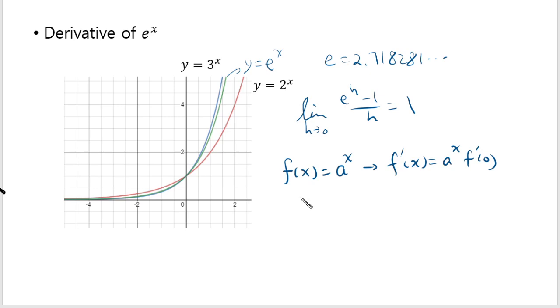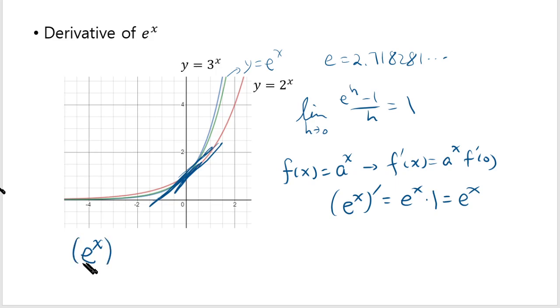And for the special case, e to the x prime happens to be e to the x times f prime, the slope at 0, but for this green line the slope is exactly 1. Exactly 1. So this slope for the green curve is exactly 1. So you get e to the x. And the result is like the simplest derivative formula there is. It's awesome because e to the x, what's the derivative? It's just e to the x.